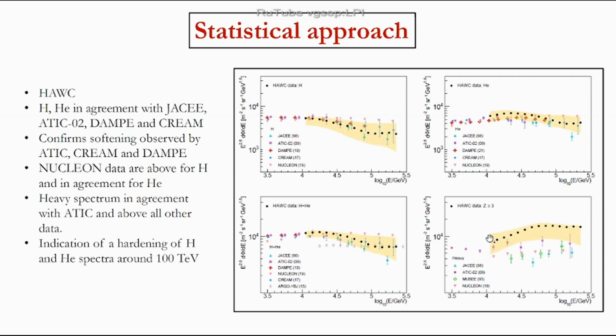Concerning the heavy mass group, all elements heavier than helium, the HAWC measurements are a little bit above all other reported data. Again, we must be very careful in not claiming too much, as we have all this systematic error in the energy calibration.